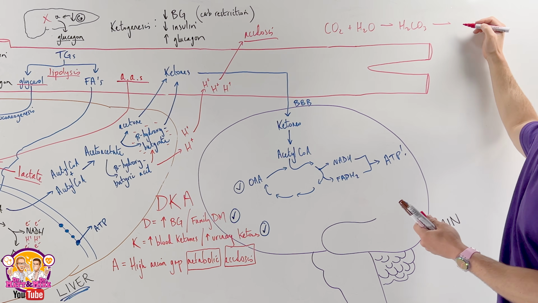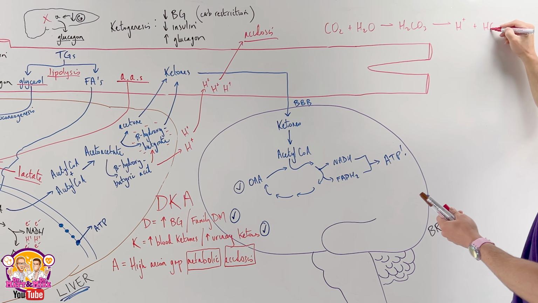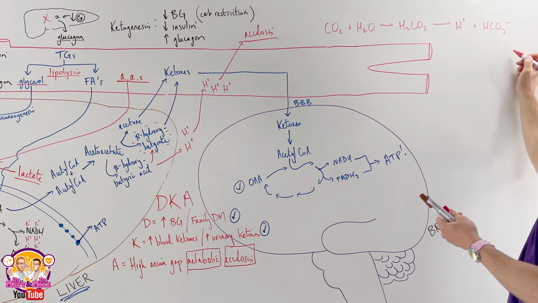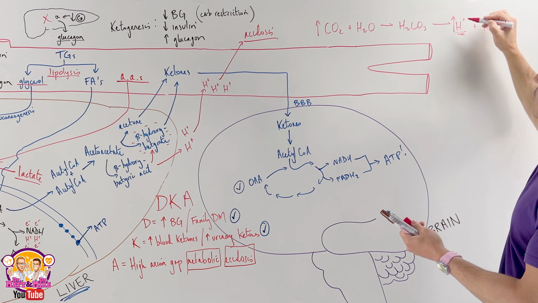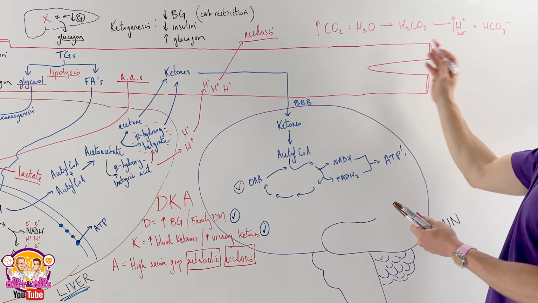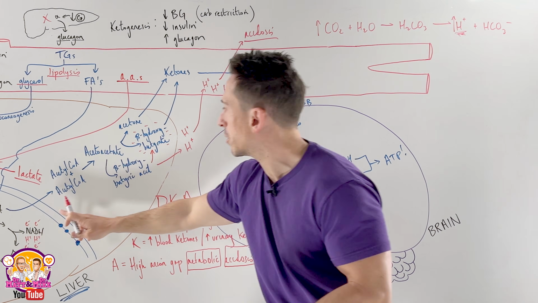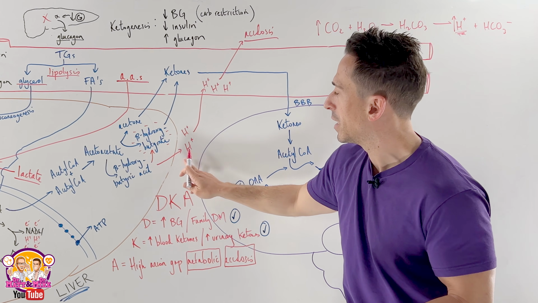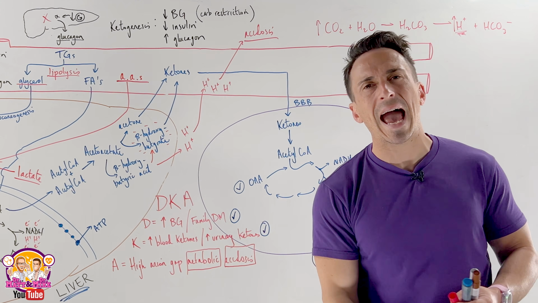That can split itself apart, because acids hate themselves, to produce hydrogen ions and bicarbonate ions. Accumulation of carbon dioxide can lead to an accumulation of hydrogen ions. That's called a respiratory acidosis. But here, the hydrogen ions are being produced through metabolic products, which are the ketones, and that's why it's called a metabolic acidosis. But then the question is, what is this high anion gap?